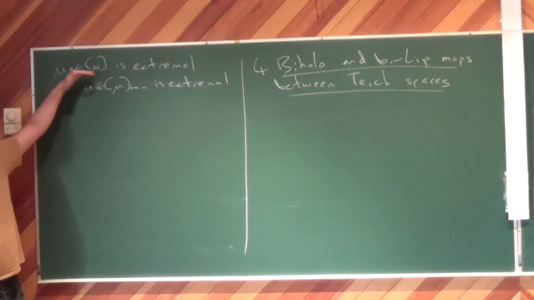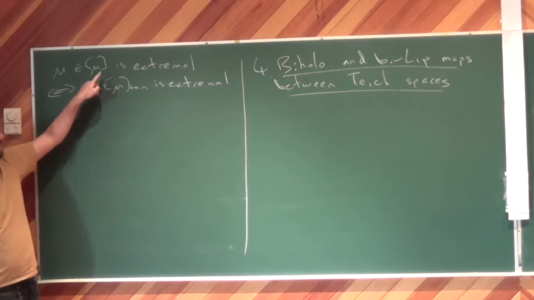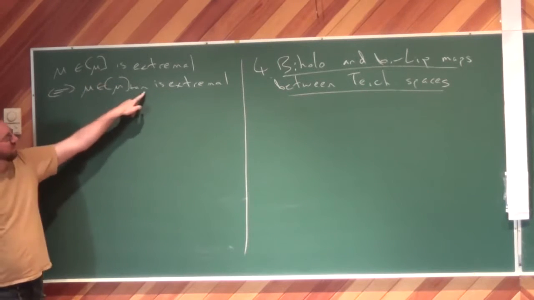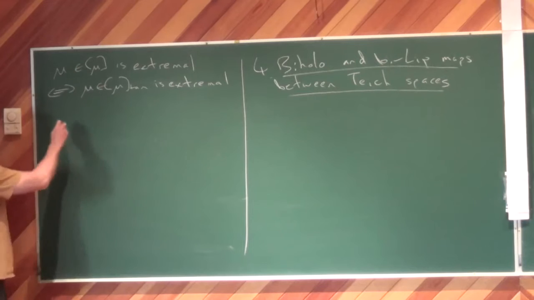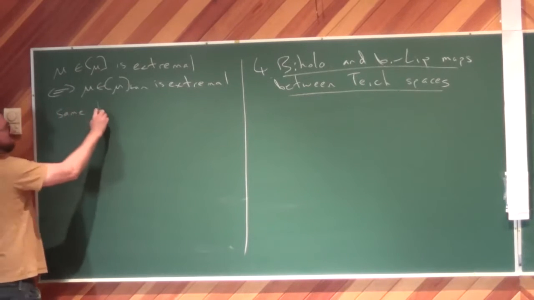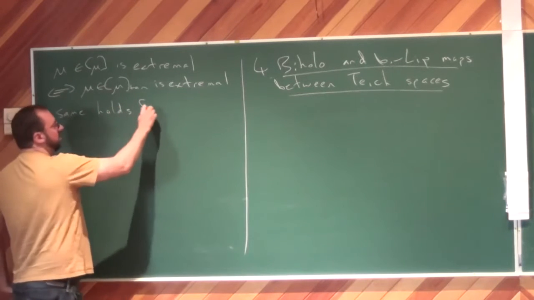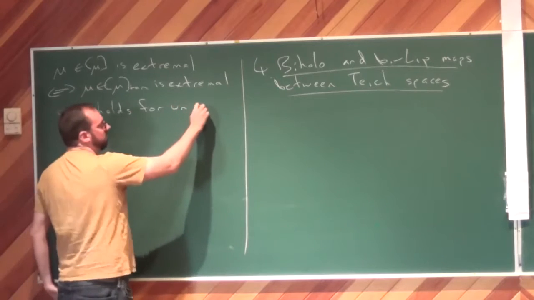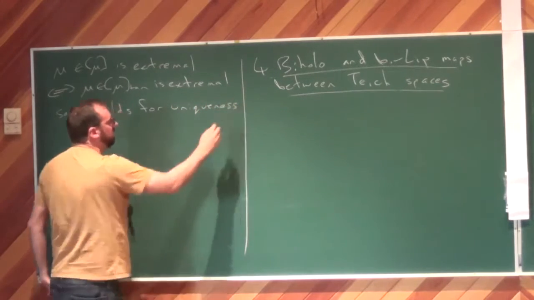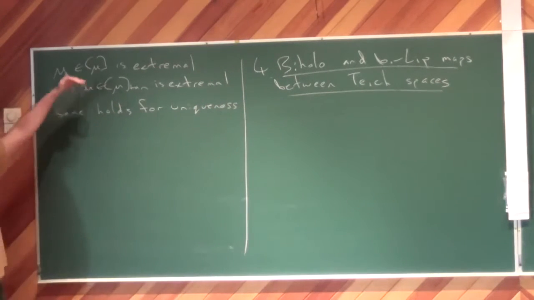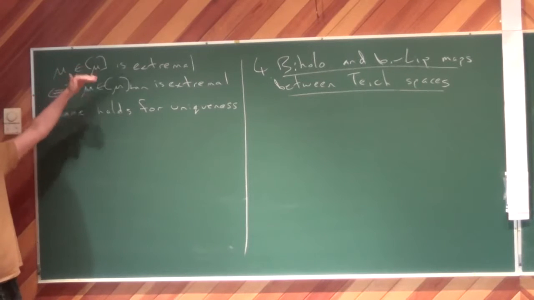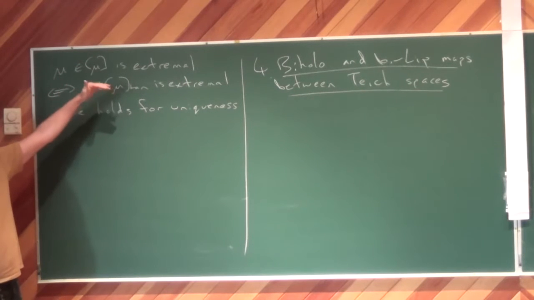This is not a nice linear class. So you can find extremal mappings by doing things with this class. And the same holds for the uniqueness. So you're uniquely extremal up here in this class if and only if you're uniquely extremal in that class.